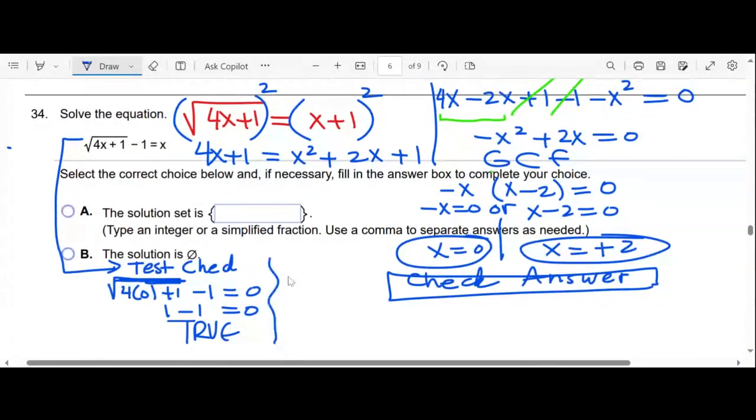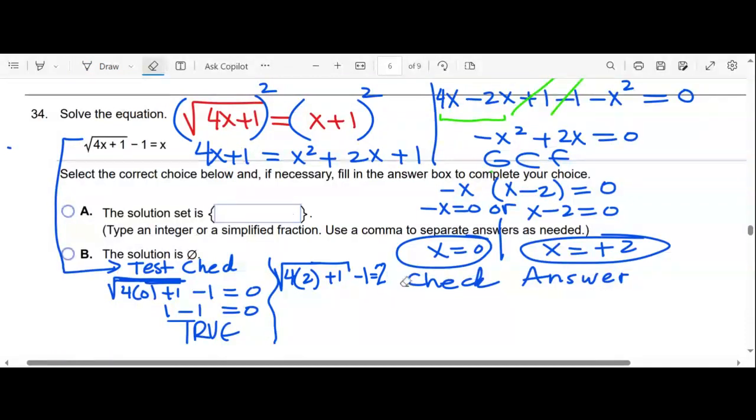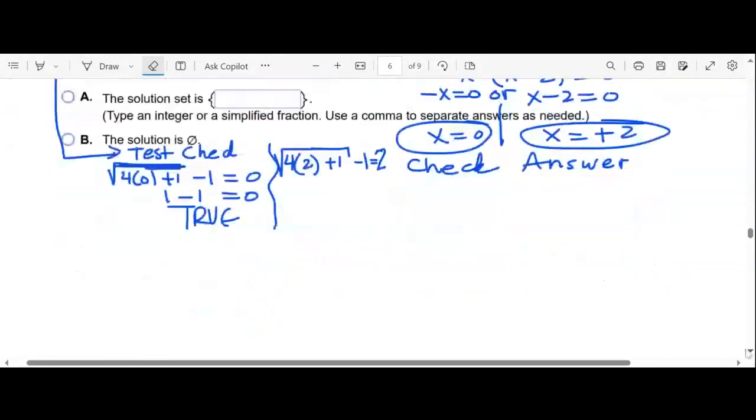The next one is square root of 4, 2, plus 1 minus 1 equals 2. Okay? Up to here is clear? 4 times 2, 8 plus 1, 9, minus 1 equals 2.